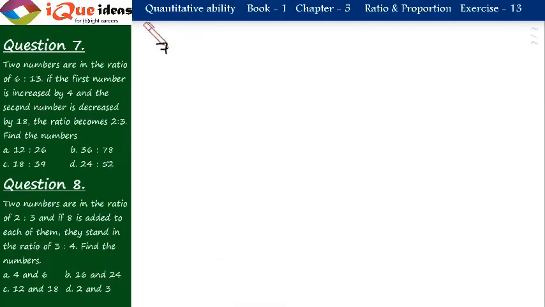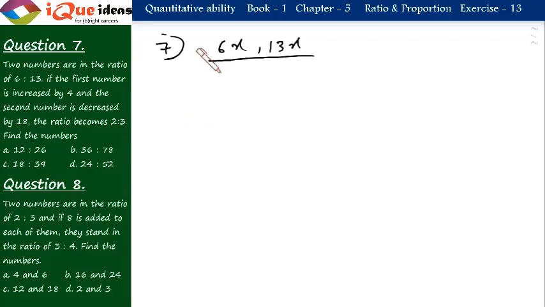Now the next question, question number 7. It says two numbers are in the ratio 6:13. Let's assume the numbers to be 6x and 13x. If the first number is increased by 4 and the second number is decreased by 18, the ratio becomes 2:3. So original numbers we have taken 6x and 13x.